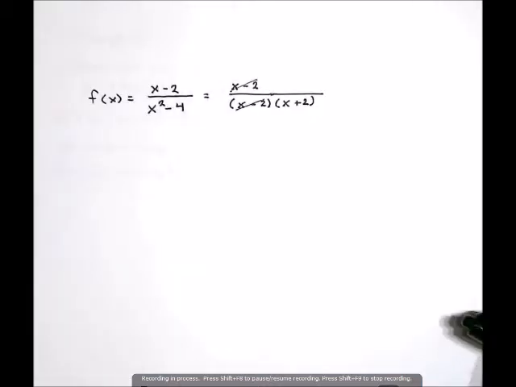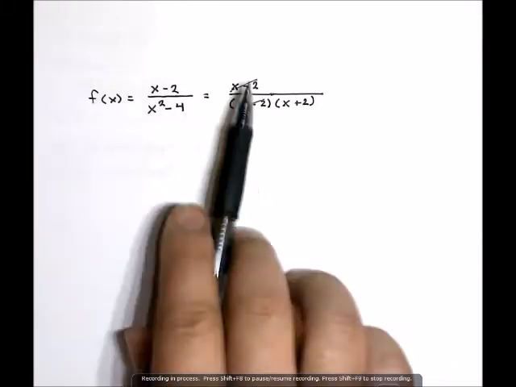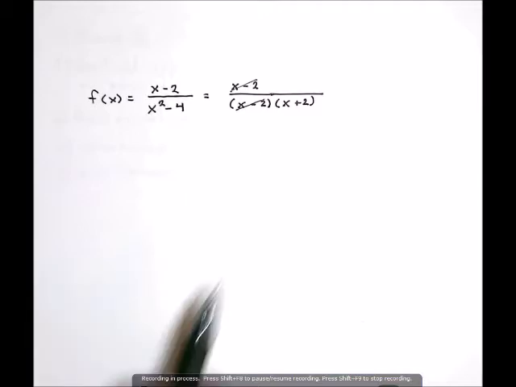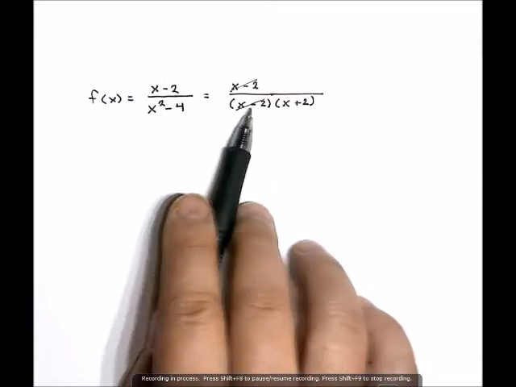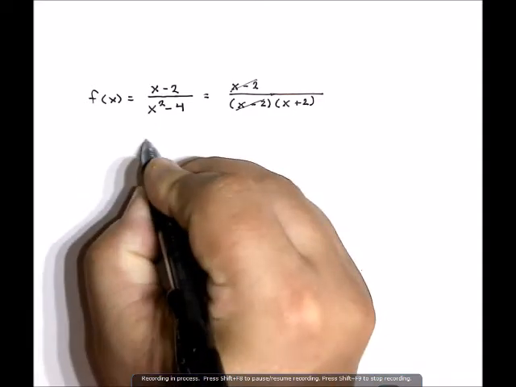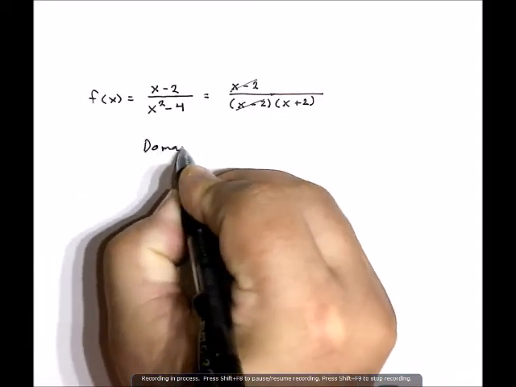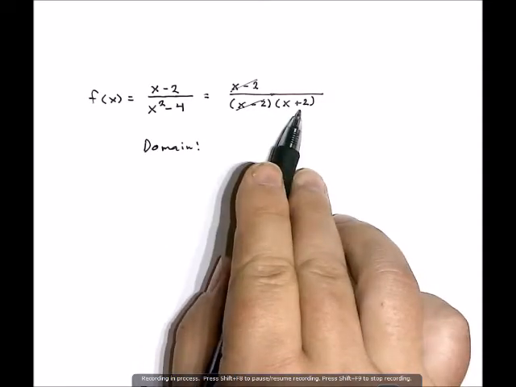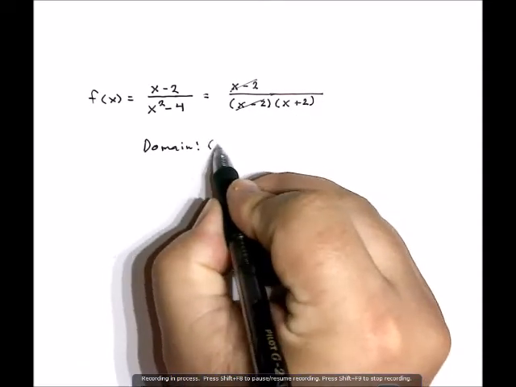If I look at this, the domain comes from the unsimplified form. So the domain is coming from this original equation. So in this case, for the domain, I'm going to eliminate -2 and 2 and write it like this.